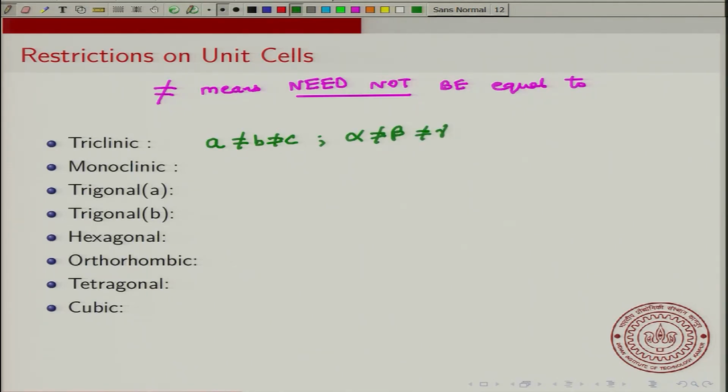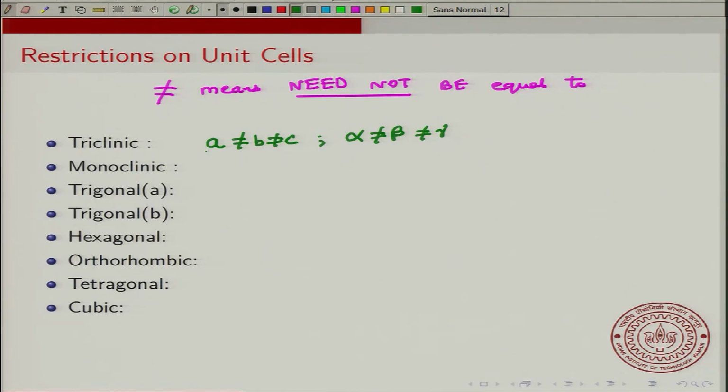So keep in mind that it is not that A, B, C have to be different; they could be the same and it could still be triclinic. To be a triclinic system they need not be equal, and if they are equal it is fine, you can still be a triclinic system even with A, B, C being the same.